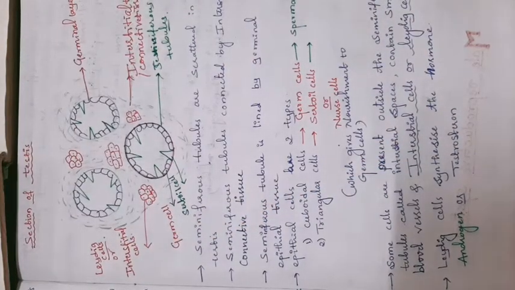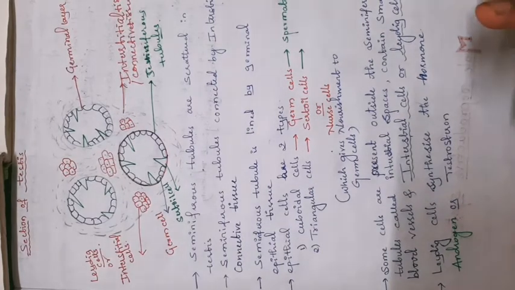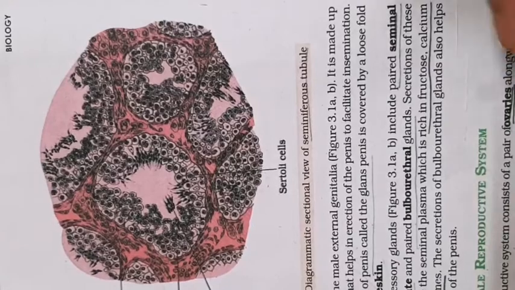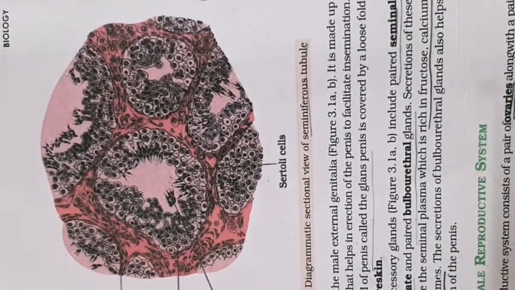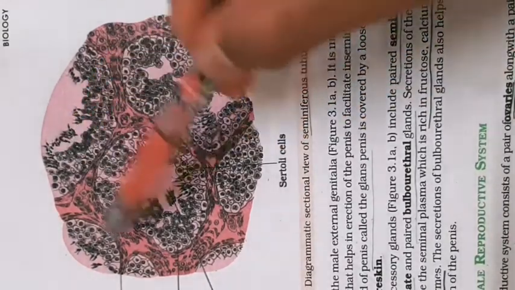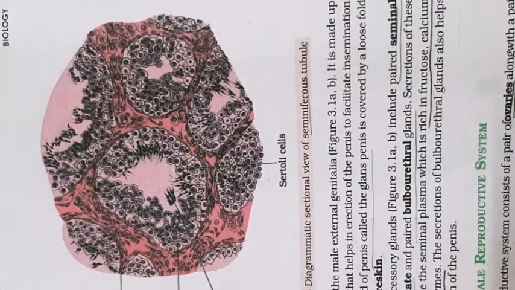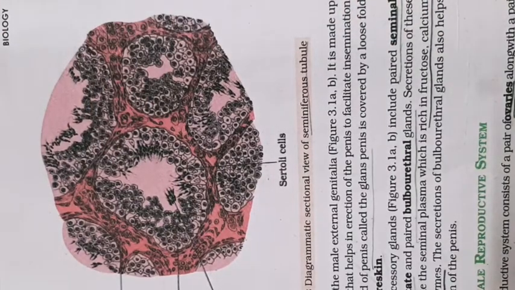Okay. Now this is a sectional structure of a testis, where you can see the clear anatomy of the seminiferous tubule. In your NCERT book, the diagram is like this. You can see circular shaped structures here. Those are the seminiferous tubules.